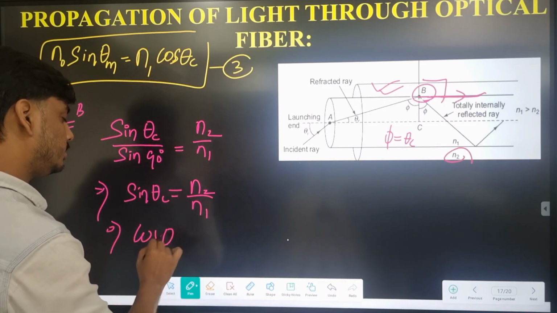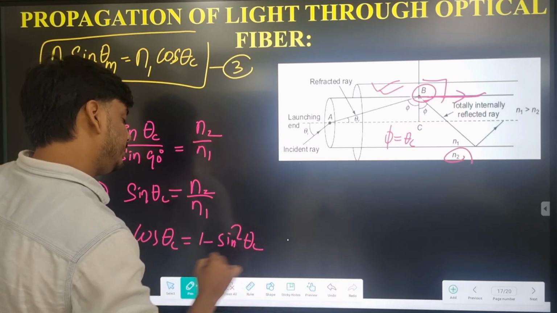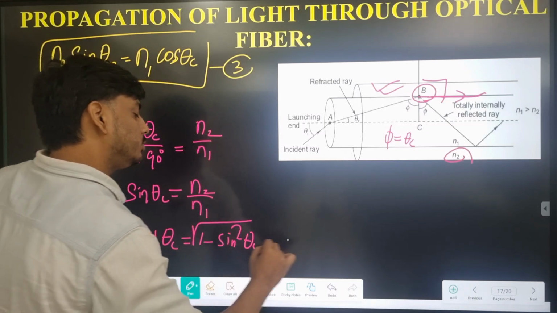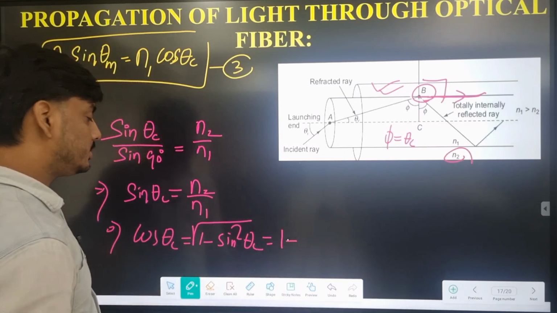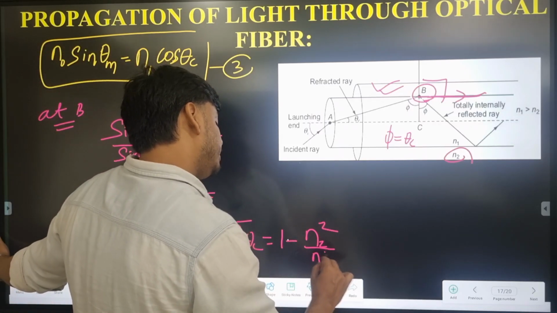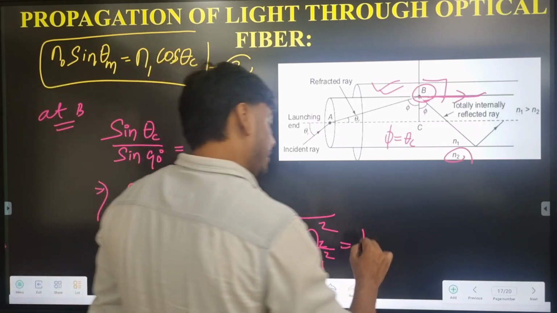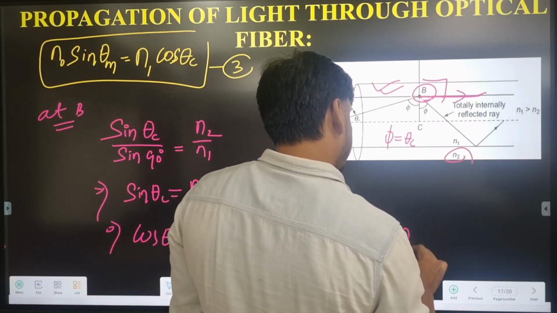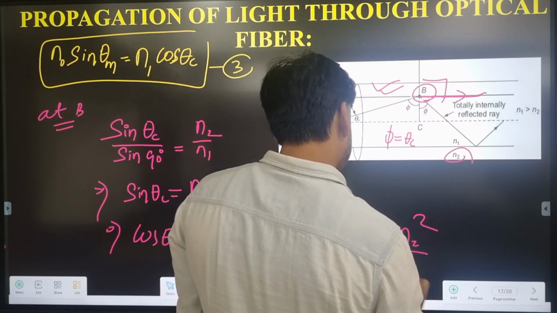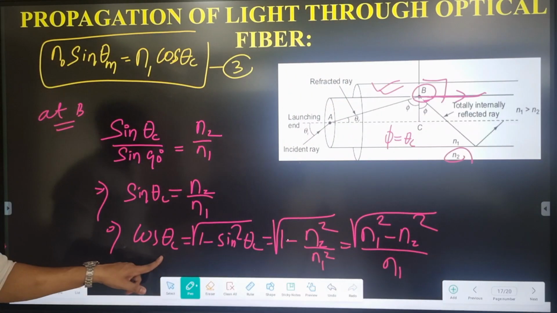So cos theta c equals the square root of 1 minus sin square theta c, so we can directly write the square root of 1 minus n2 square divided by n1 square, because it is n2 by n1 whole square. So we can write the square root of n1 square minus n2 square, divided by n1. This is the value of cos theta c.